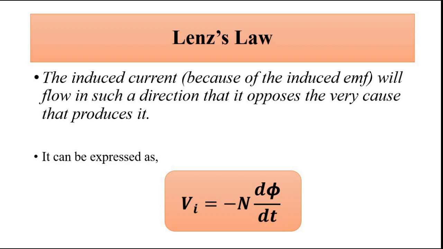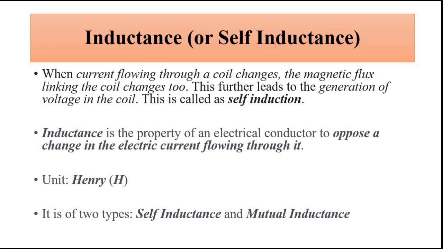Then the concept of inductance or self-inductance, which is related to all these things. Here what is expressed is that we know that EMF is induced whenever there is a change in magnetic flux.